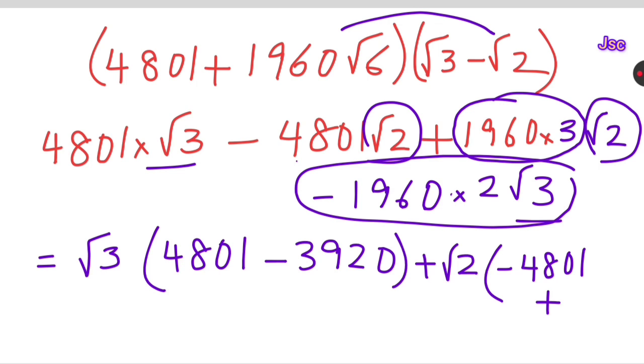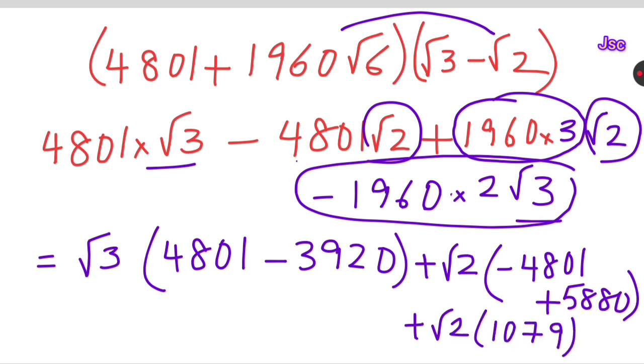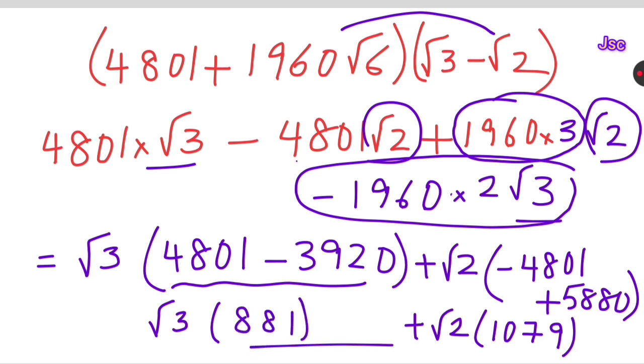So that is 1960 times 3, which is 5880. This 5880 minus 4801 will get 1079. After doing the subtraction we get this. In the first term, 4801 minus 3920, then you will get 881. This is the result of this expression. Thank you for watching.